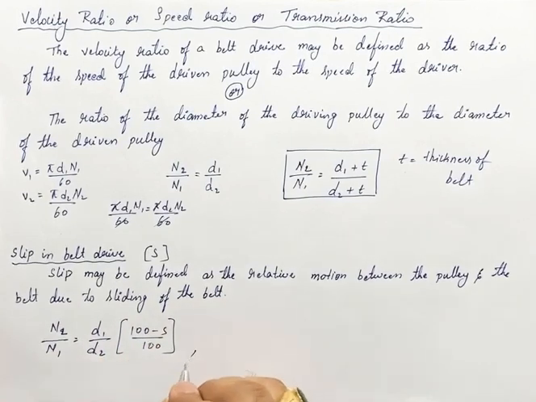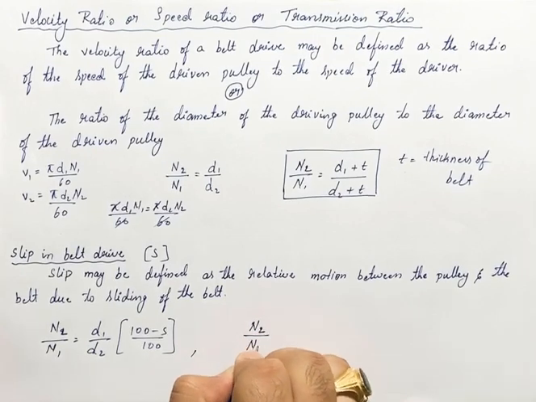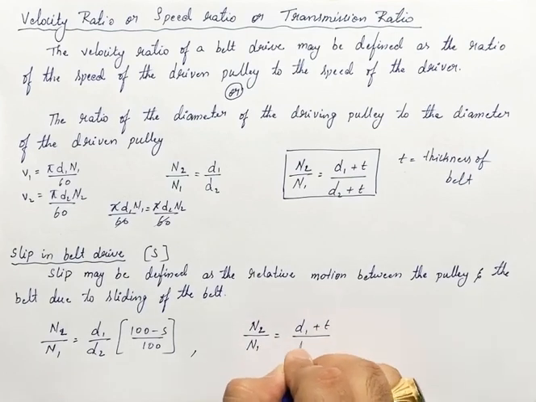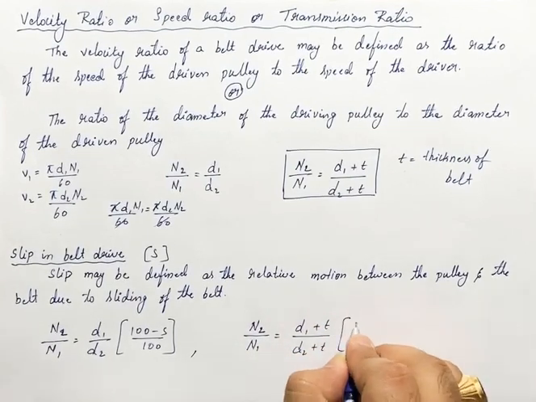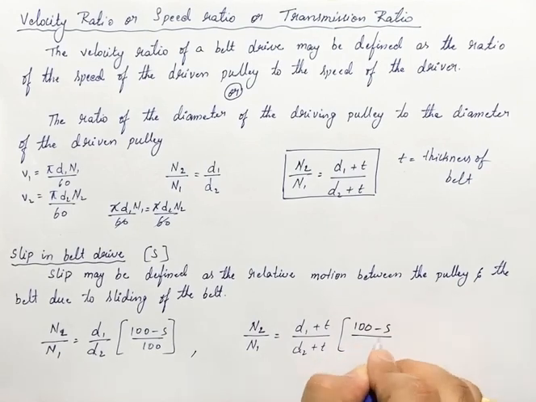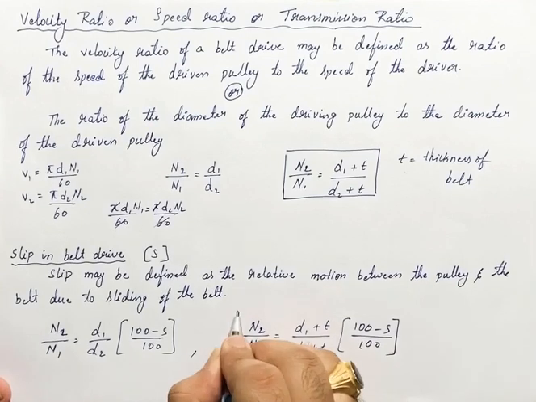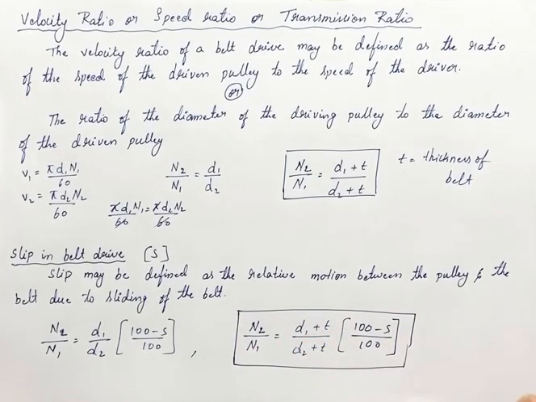Or if I take the thickness also, then N2 by N1 is equals to (D1 plus T) divided by (D2 plus T) into (100 minus S) divided by 100. This is the formula of velocity ratio when the slip is there and also the thickness of the belt is considered.